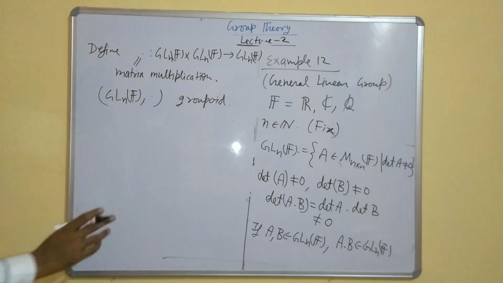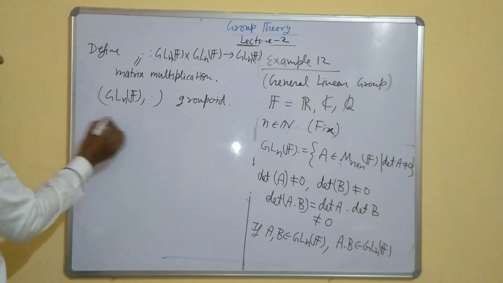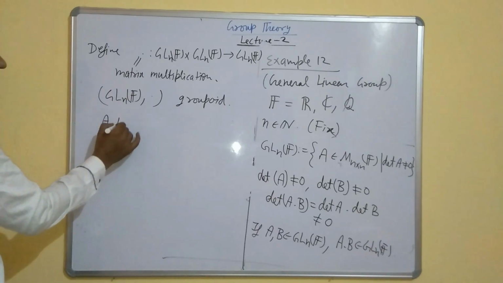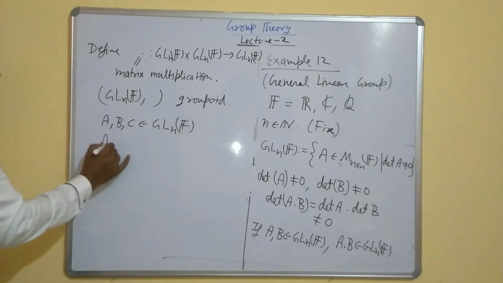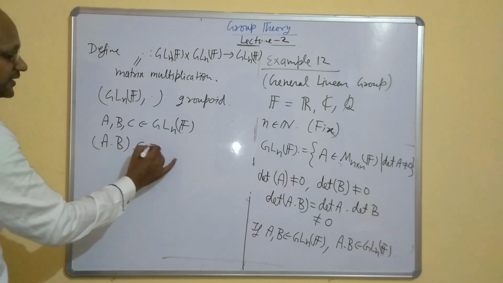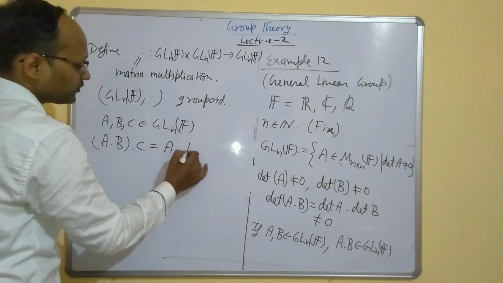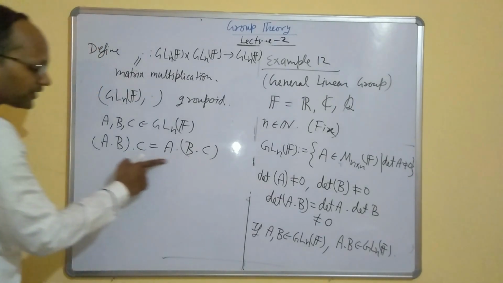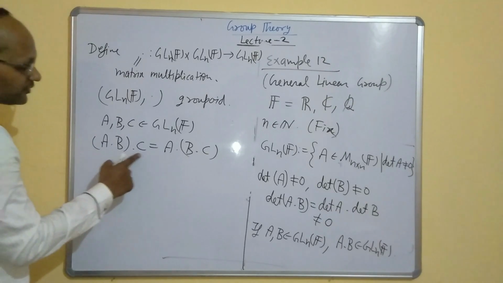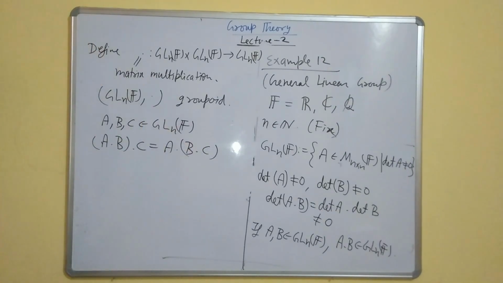Now it is not hard to see that matrix multiplication is an associative operation, meaning if I take A, B, C, three matrices in GL_n(F), then (A·B)·C is equal to A·(B·C). I am leaving it for your verification. So this is an associative binary operation, which means this is a semigroup.